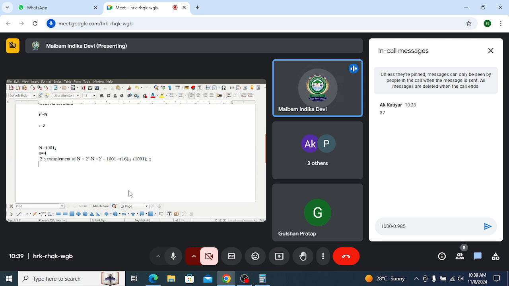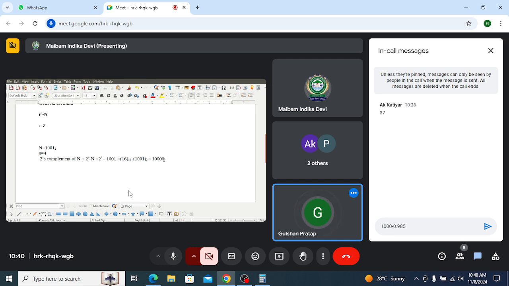Clear? So what will 16 be represented in binary? What will be the value? 1, 2, 4, 8, 16. It is 10000.